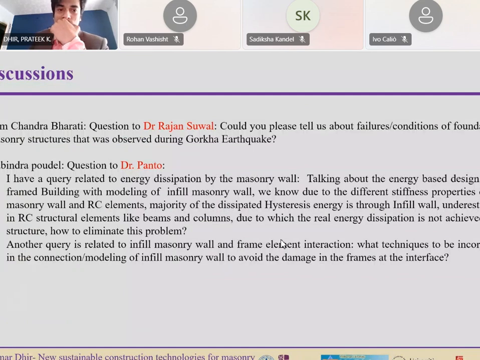It is true that in this kind of building, a lot of energy is dissipated by the cyclic behavior of masonry.